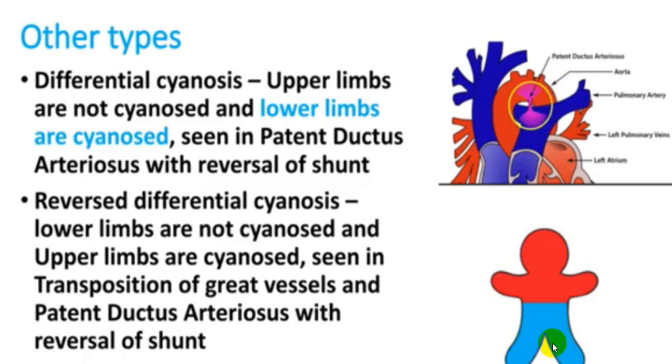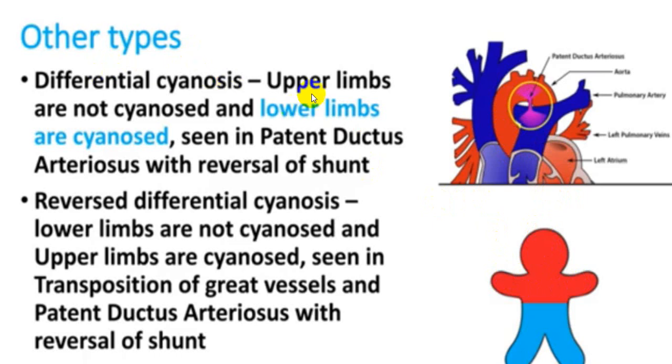So we will get cyanosis in these two, while the upper limb will be getting oxygenated blood which is coming from LA to LV and into the aorta. So upper limb and head and neck will not be cyanosed.